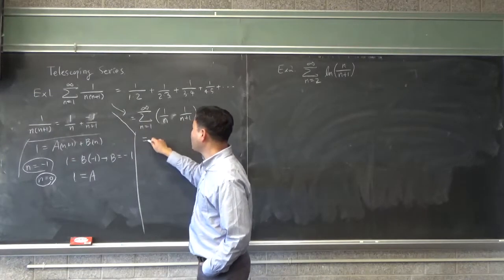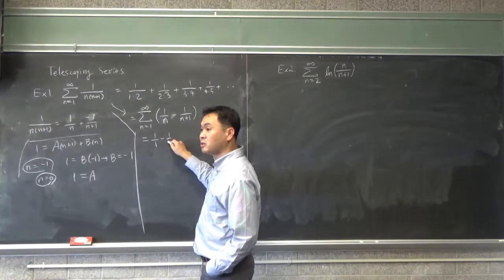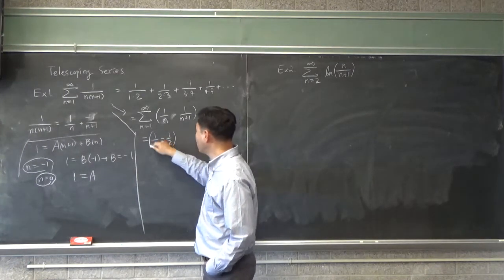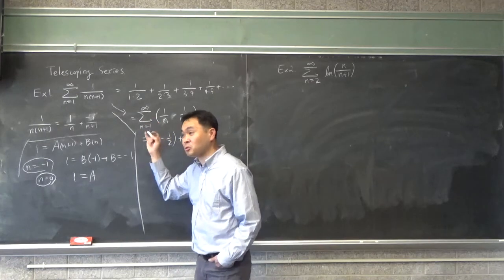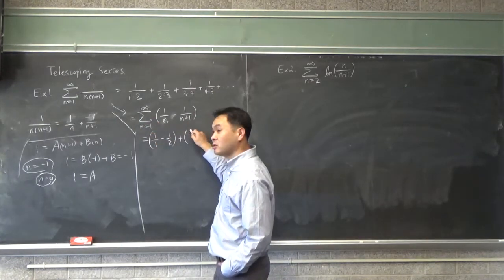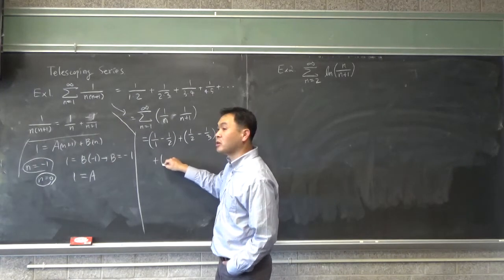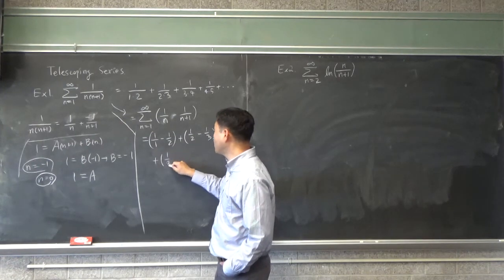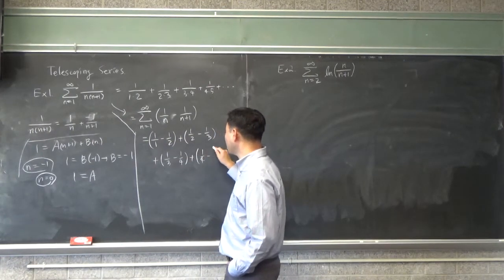So when n is 1, it's 1 over 1 minus 1 over 2, plus, when n is 2, you get 1/2 minus 1/3, plus 1/3 minus 1/4. Let's just write one more.